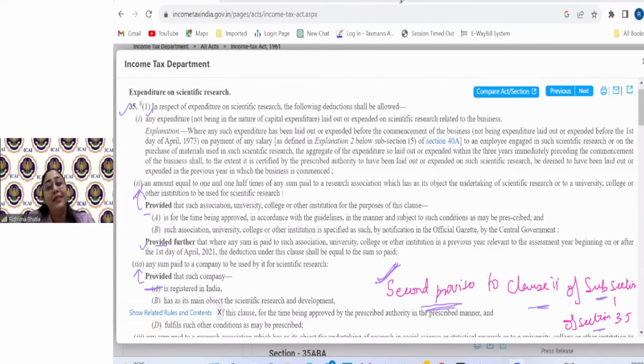Now how will you know that particular part? Like here I am referring to a condition mentioned in clause 2 of subsection 1 of section 35. And which condition? Second condition. So "provided further", which is the second condition of clause 2 of section 35 subsection 1.